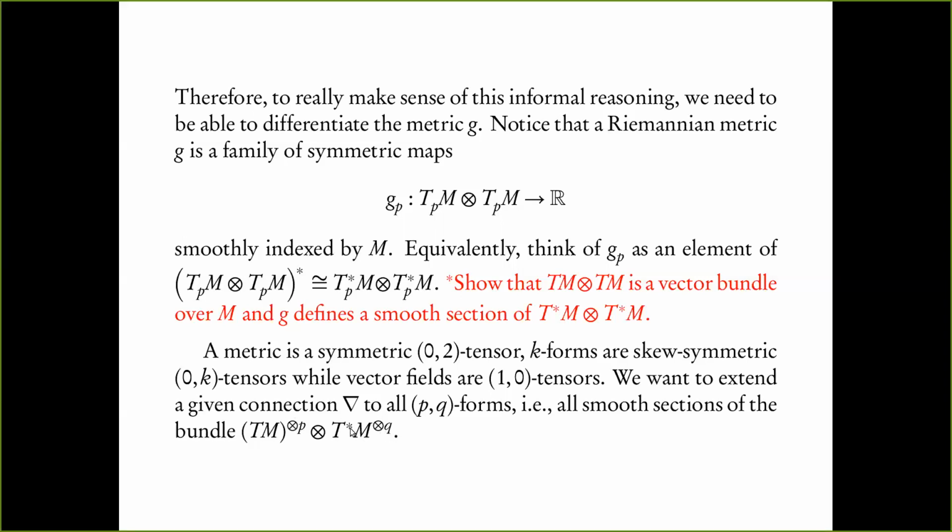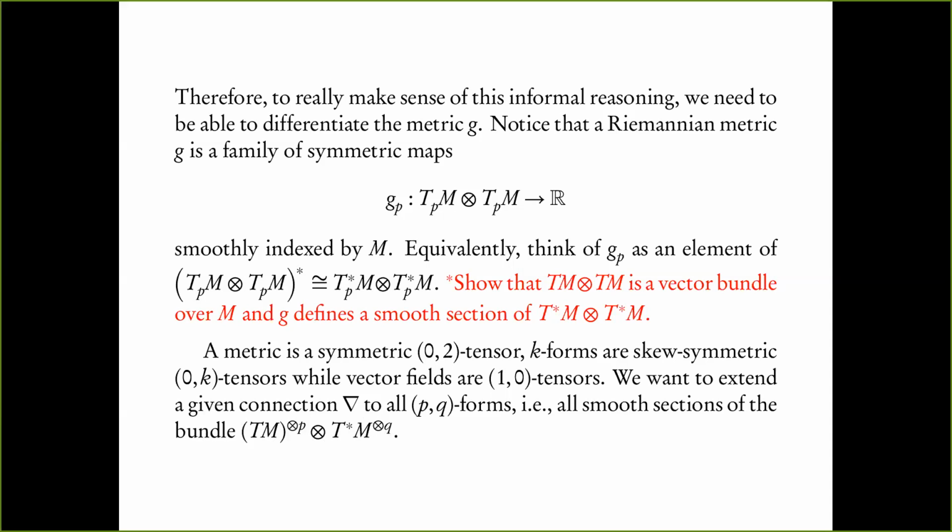So in physics, when we talk about a P,Q tensor, we generally mean a tensor which is contravariant in rank P and covariant in rank Q. Yes, that's true. But when you're dealing with these tangent things, these things are already covariant, right? Because if you have a map f from M to N, then you get a map from TM to TN.